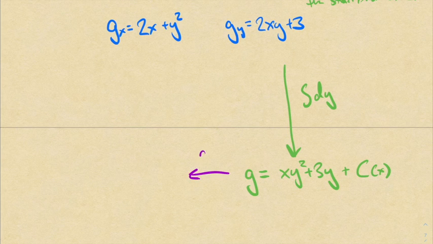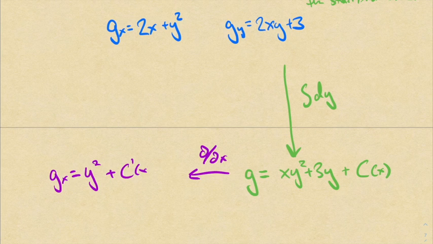And now, if we take a partial of that with respect to x, we should get the partial of g with respect to x. Taking a partial with respect to x, that will be y squared. 3y is constant as far as x is concerned, so that just disappears, plus c prime of x.